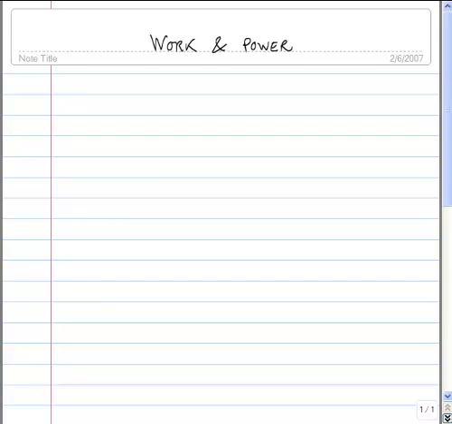So let's recall Newton's second law. Sum of the forces is equal to dp/dt. Let's assume a constant mass, and let's recall the definition of momentum, which is p equals mv.